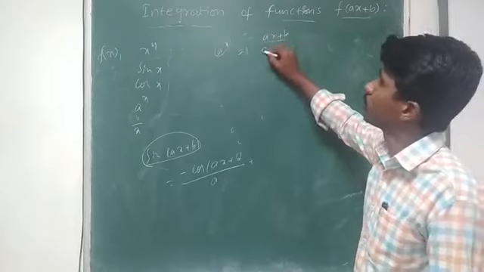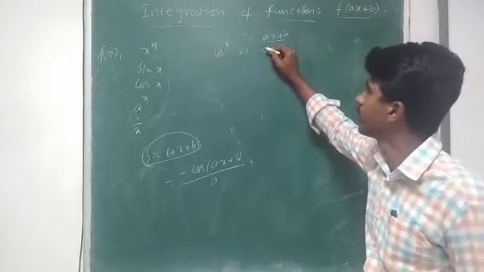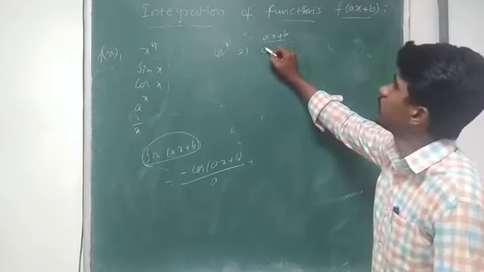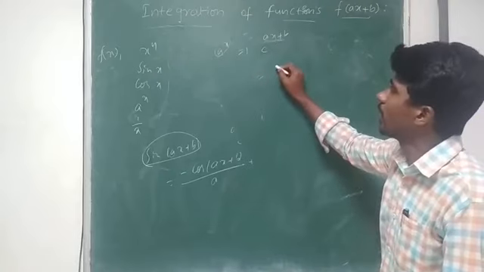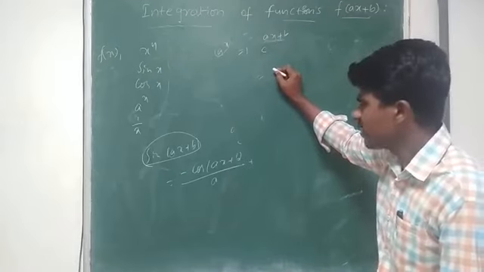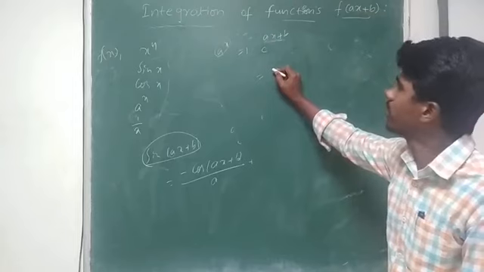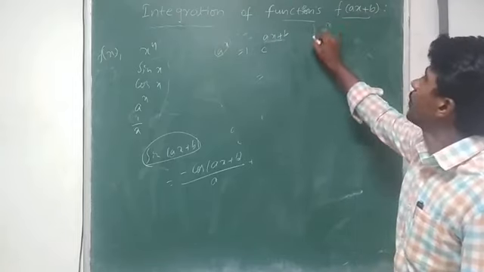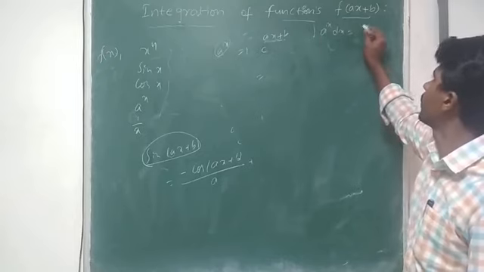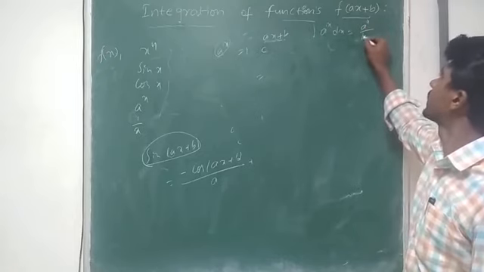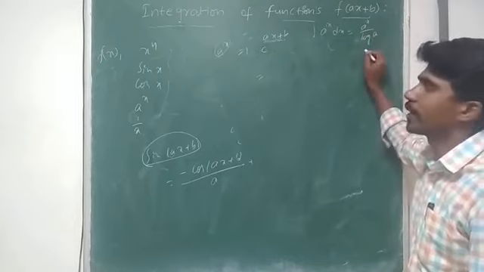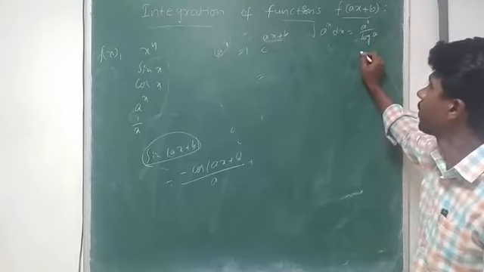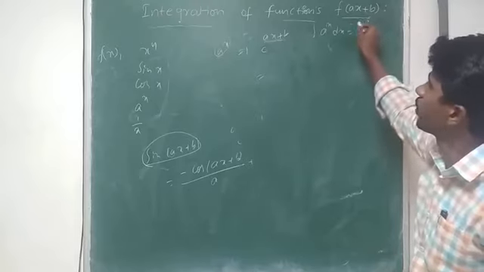Both these two may or may not be equal, right? So I took this one as c to the power of ax plus b. Now what is the integration of a power x? Integral of a power x dx is equal to a to the power of x by log a. Same thing, so we apply according to this.